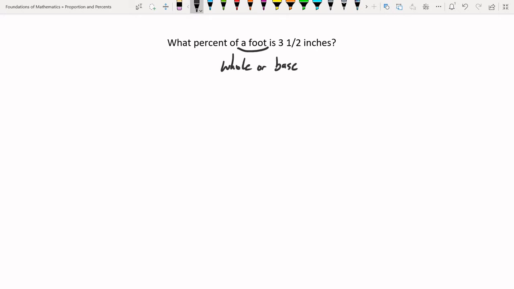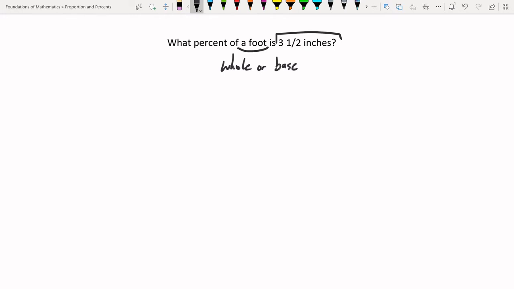That's what we're going to be representing as 100% of the problem, if that makes sense. Now, we're trying to compare to this whole, or this base, some other quantity. In this case, we're comparing 3.5 inches. We're asking what is the percent that 3.5 inches is of a foot.